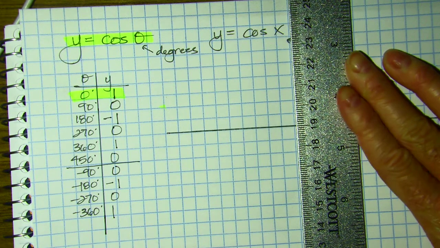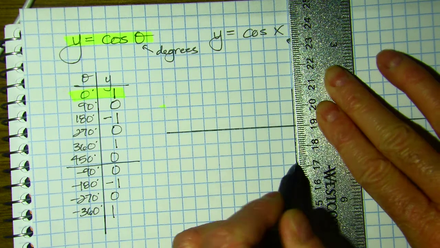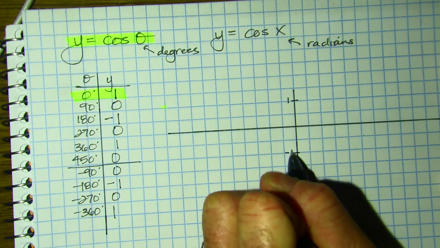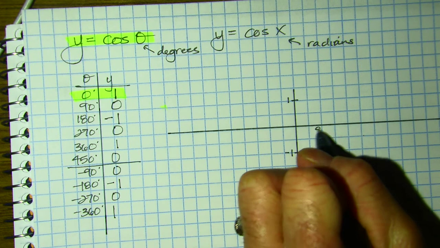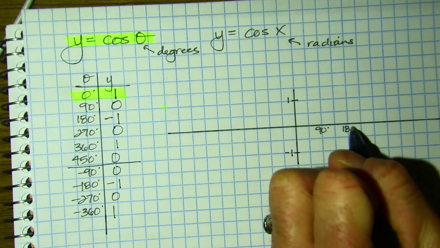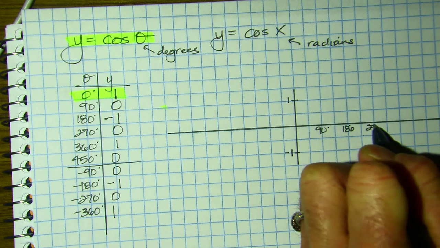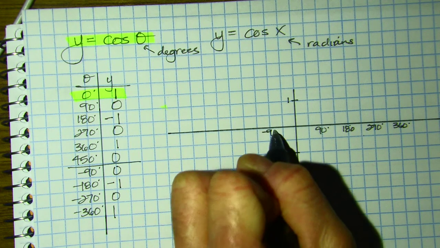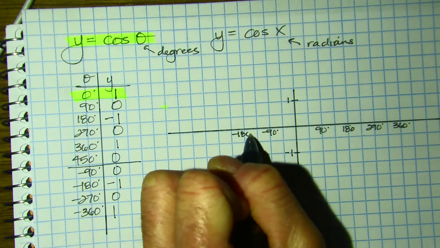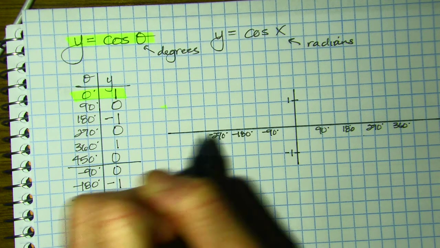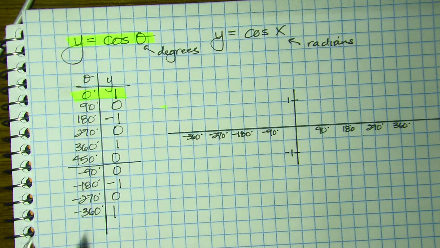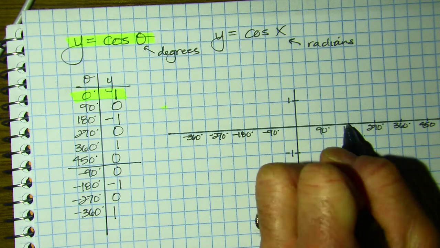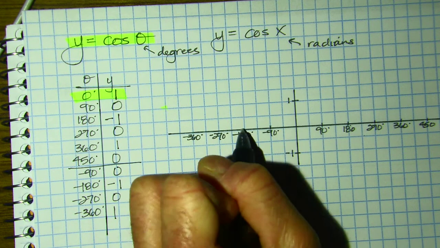I will expect that your graphs are on graph paper, so either invest in graph paper or print it off the internet, type in grid paper. Okay, so 90, 180, I'm going to label it the same, 270, 360, this would be negative 90, negative 180, negative 270, negative 360. If I kept going, this would be 450. So I've labeled every 2 boxes.